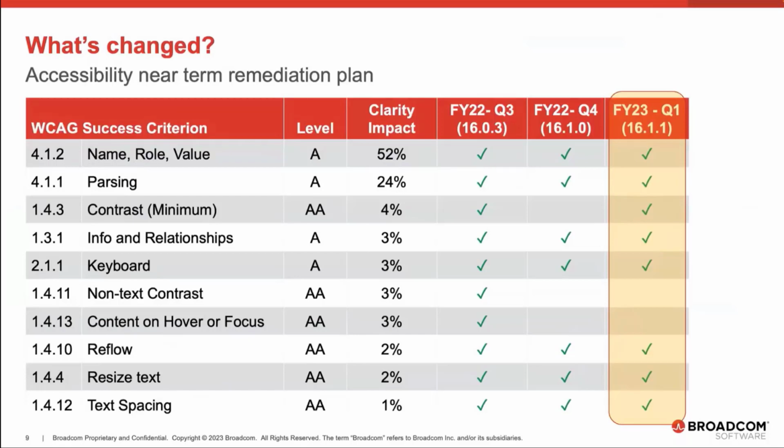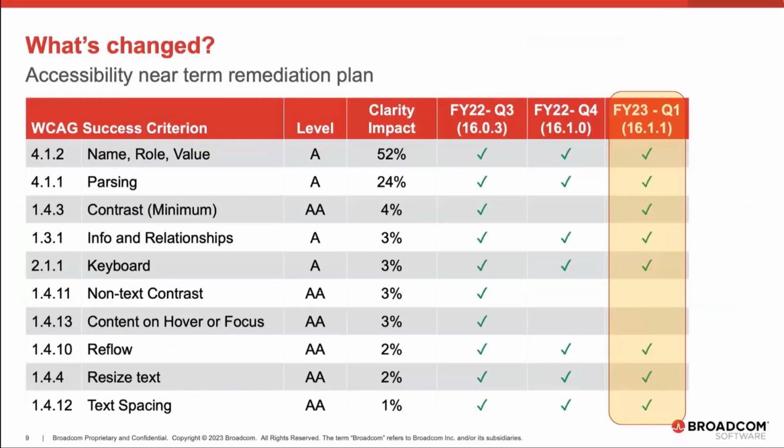And we have used the past 3 quarters remediating these issues. As you can see, the reported issues span 10 WCAG success criterion for this release. For example, this release does not include updates for each WCAG success criterion noted in the 16.1.1 column on this slide.